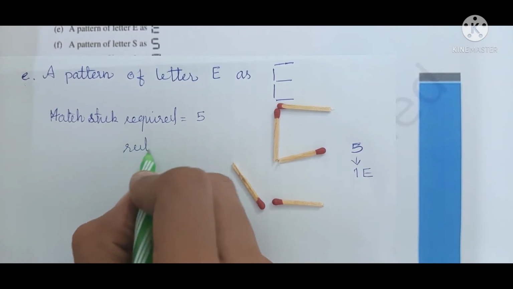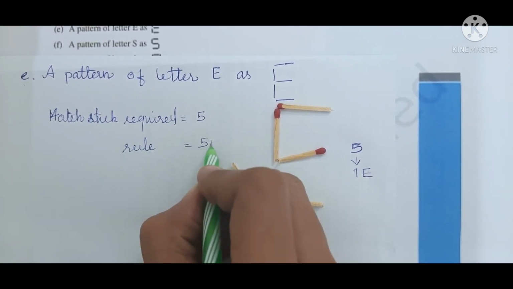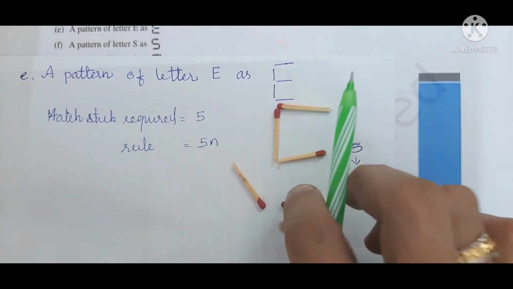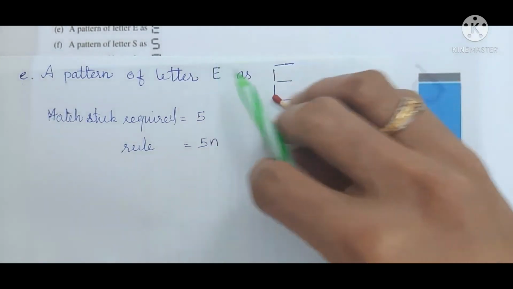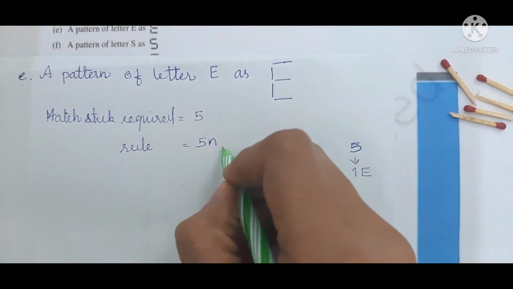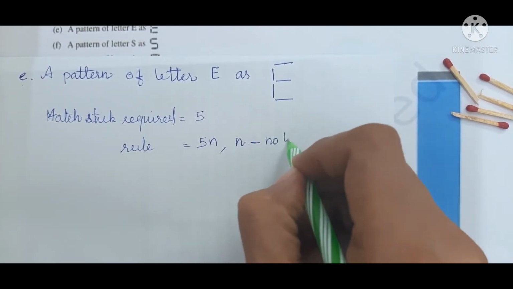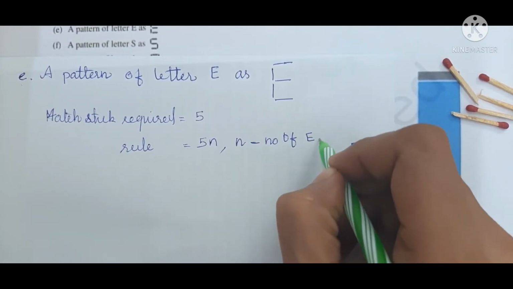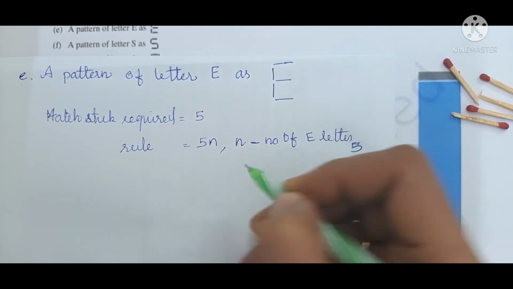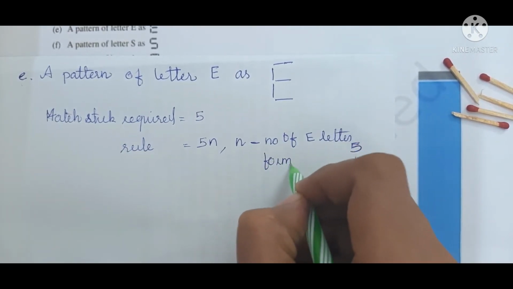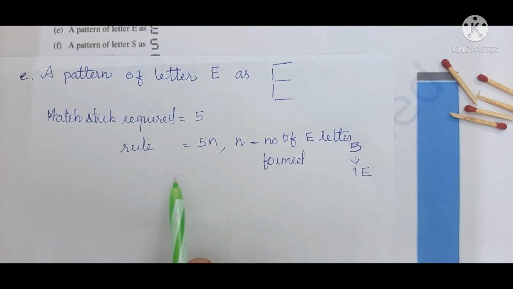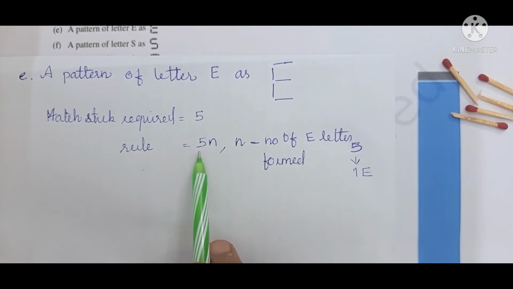So the rule will be 5n, because here n is the number of E letters formed. So 5n, that is the rule.